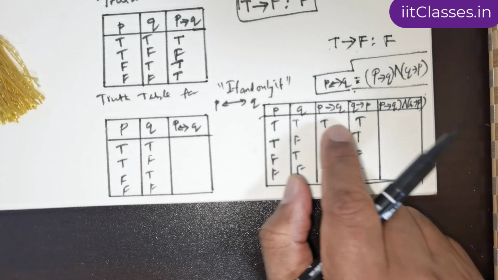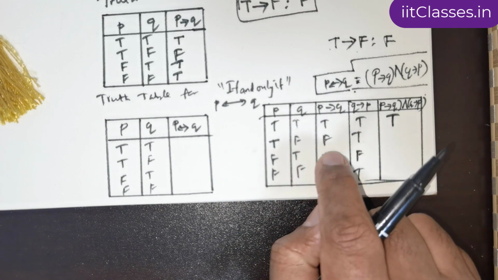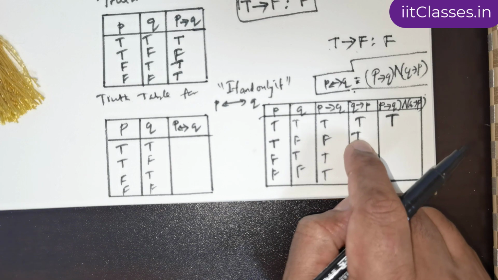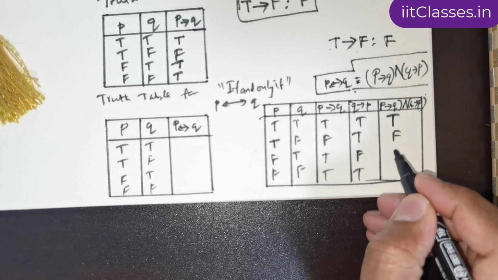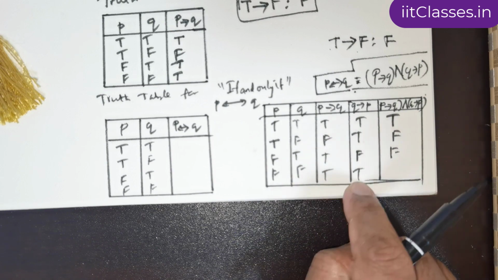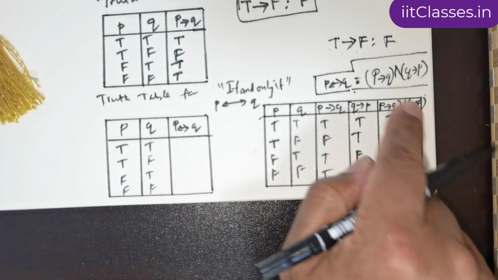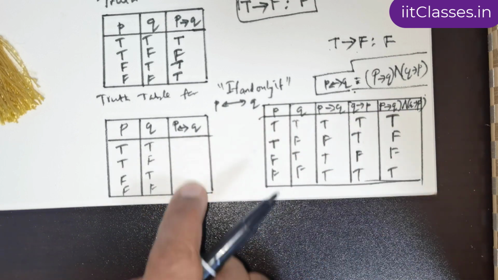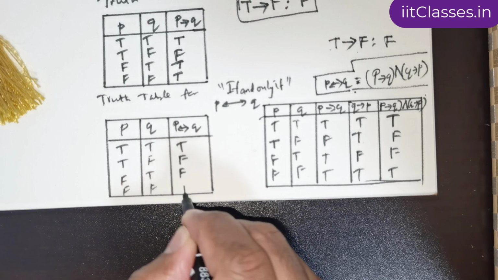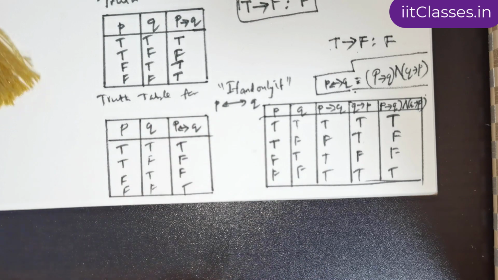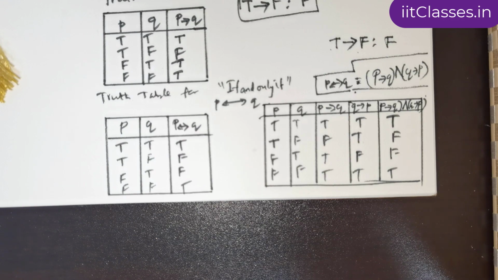So T conjunction T, it's T. This is 0 multiplied with 1, that's going to be 0. 1 multiplied with 0, that's going to be 0. 1 multiplied with 1, that's going to be 1, so that's going to be T. So this is what would be featured here: T, F, F, T. So this is the easiest way to remember the truth table for biconditional statements.